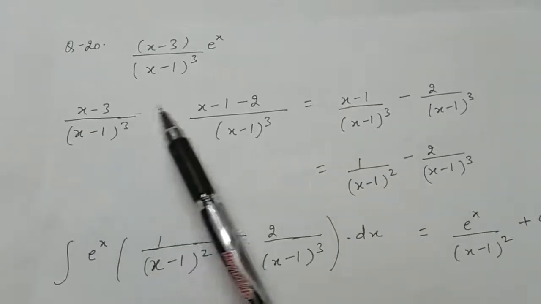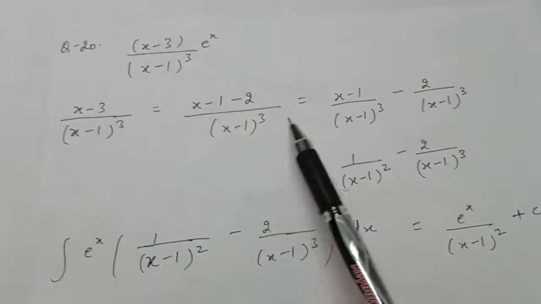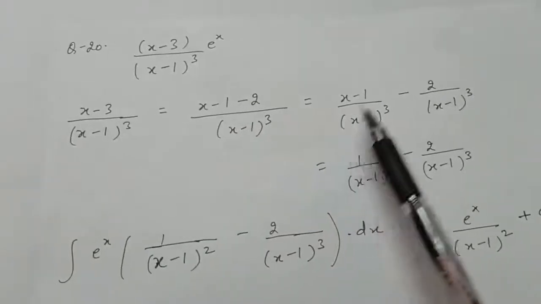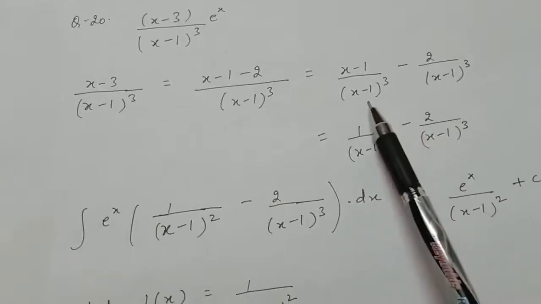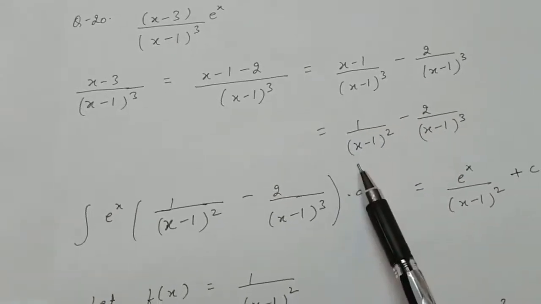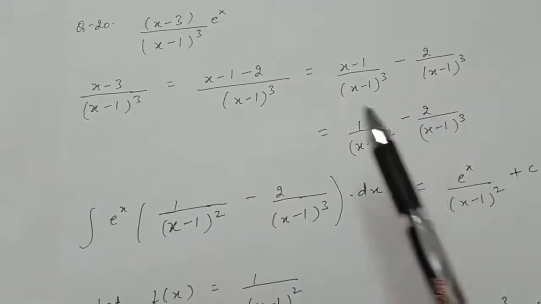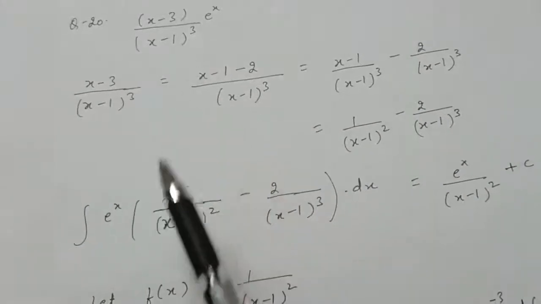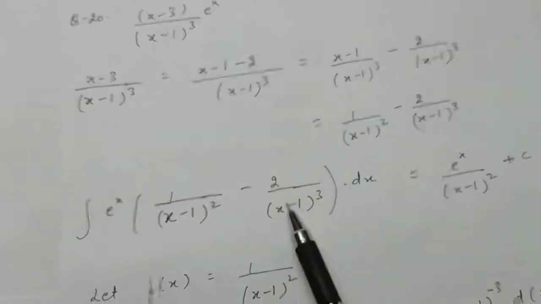So break it as x minus 1 minus 2. Now (x minus 1) upon (x minus 1) whole cube minus 2 upon (x minus 1) whole cube. So this will become 1 upon (x minus 1) whole square minus 2 upon (x minus 1) whole cube. So this function will now become e raised to the power x into this complete term, right?